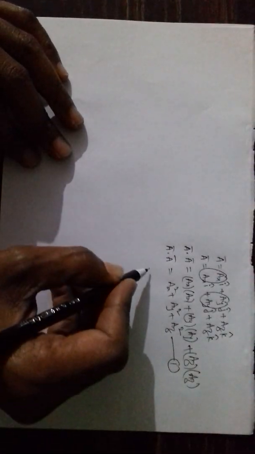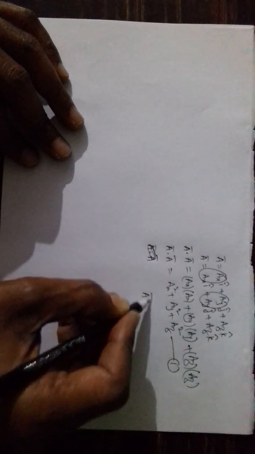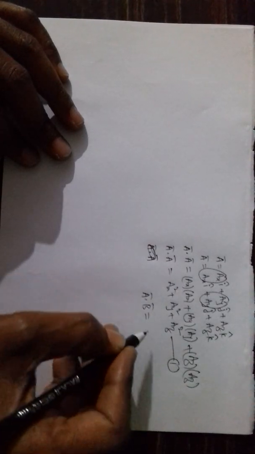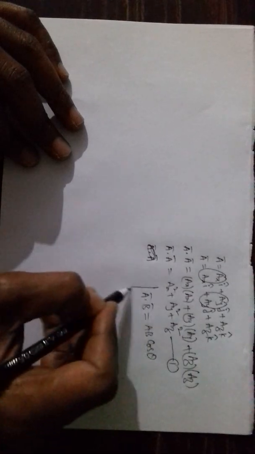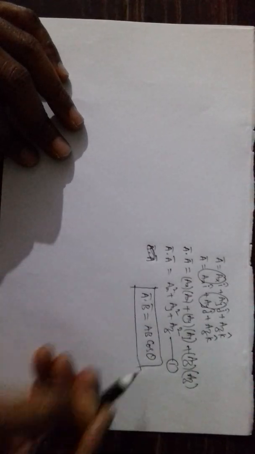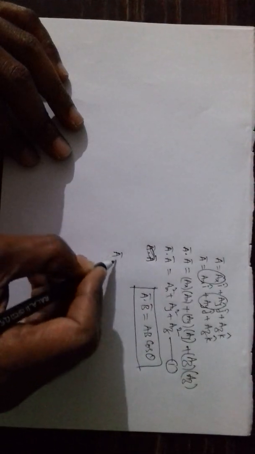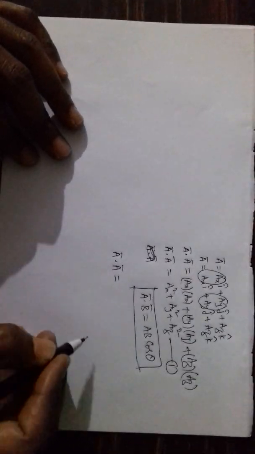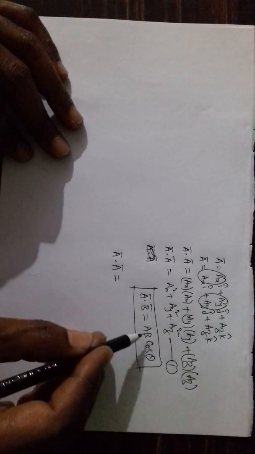Now actually there is a definition. According to the definition, let us find. See, what is the definition? A dot b is defined as ab cos theta. In this way scalar product is defined. So let us write a dot a. First what we take is its magnitude.